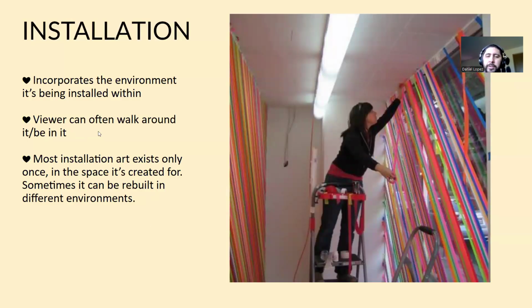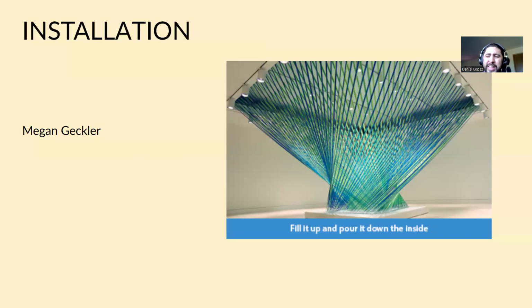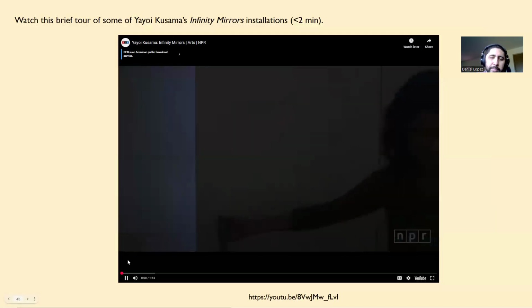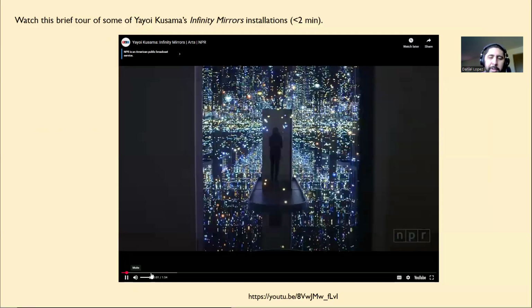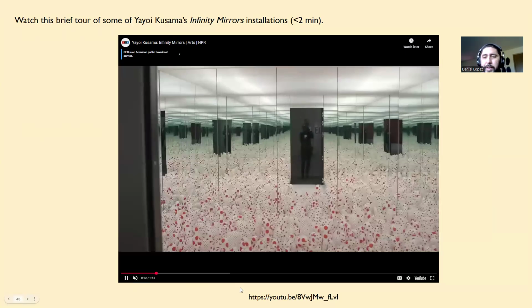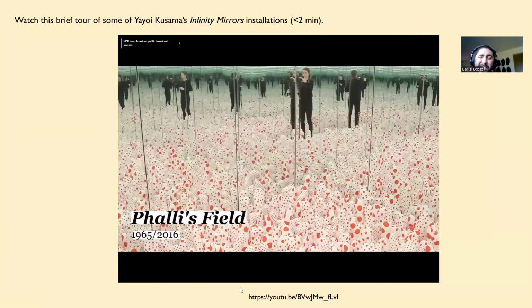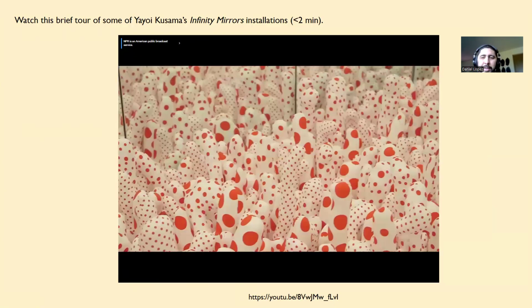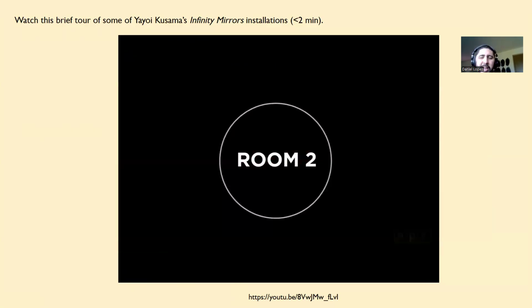So in general, you can often walk around it. That's a big part of it. It can be, quote unquote, immersive, but it is also possible for stuff like infinity rooms, which some of you are familiar with already. This is technically just a room and it can be built kind of anywhere. But it is an installation in the fact that these artworks, these objects, exist within this room, right?